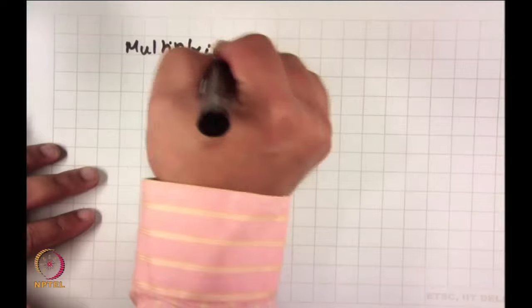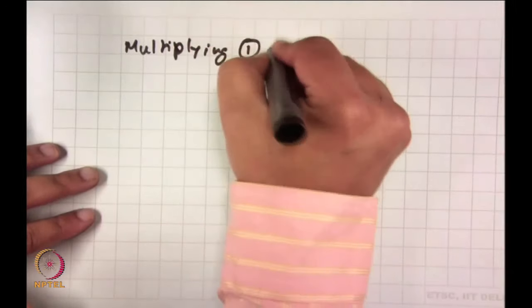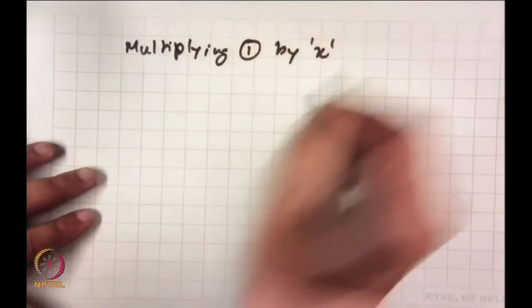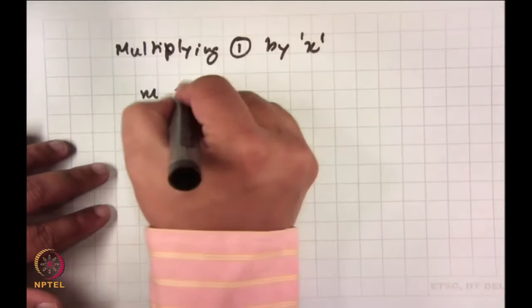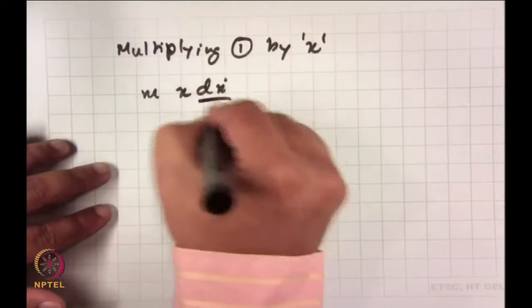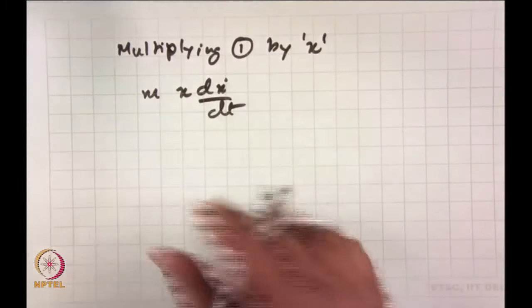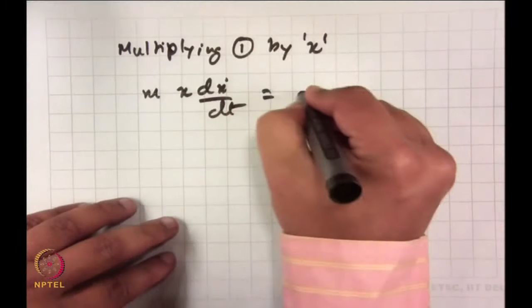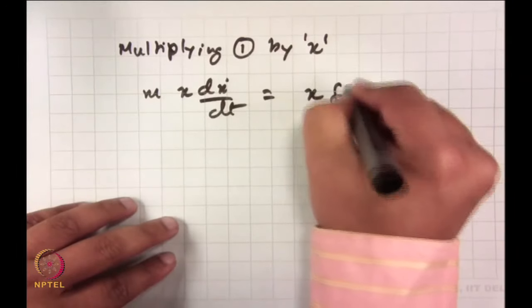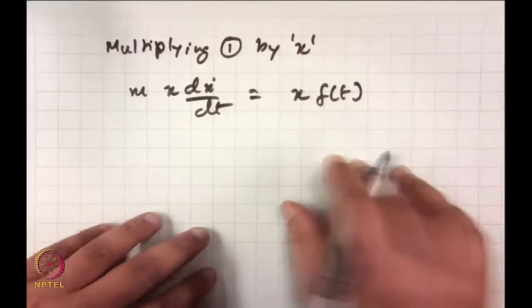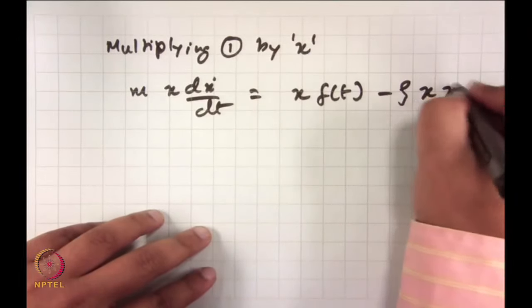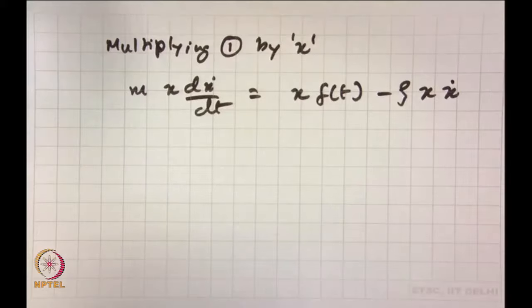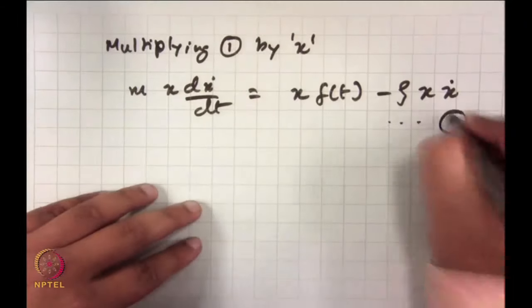Multiplying 1 by x, I can write m x d x dot over dt is equal to x f of t minus xi x x dot, and this would be equation 2 for me.